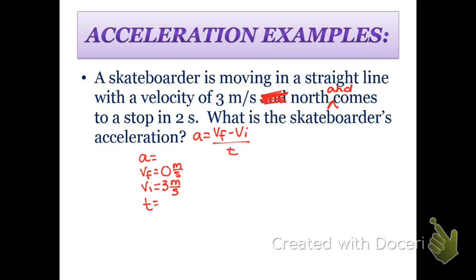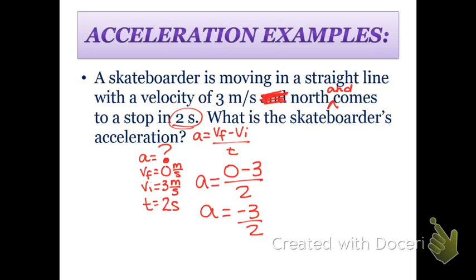Now, my time is the 2 seconds that they gave me, and my acceleration I do not know. So a is equal to Vfinal, which is 0, minus 3 over 2. So a is equal to negative 3 over 2.